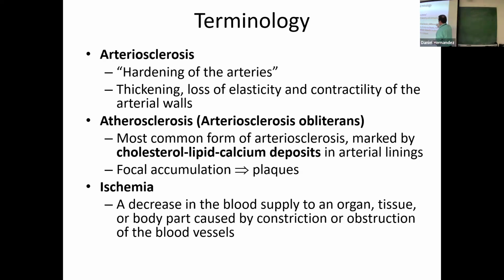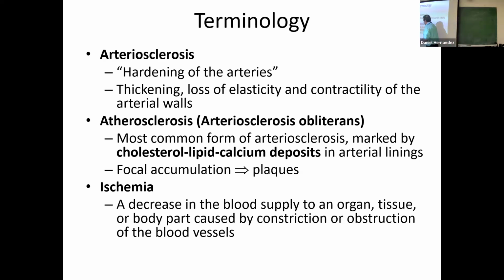The medical term for atherosclerosis is arteriosclerosis obliterans. Obliterans, I see the word obliterate, meaning that lumen is getting narrower and narrower, so the space where the blood can pass, if it becomes completely occluded, is completely obliterated. It's not there anymore.